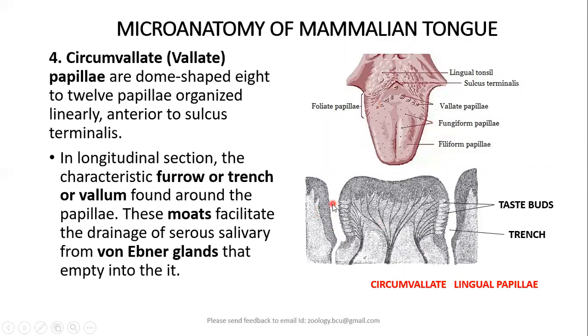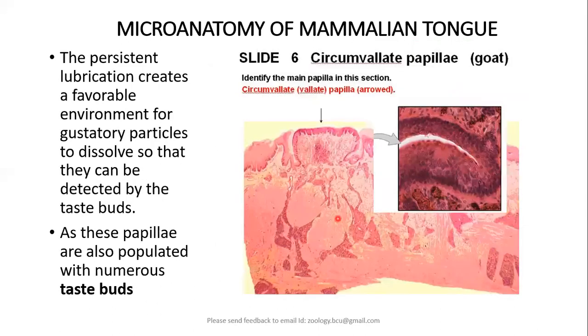So these moats or furrows or trenches facilitate draining the serous saliva from the salivary glands called von Ebner's glands, so that the saliva will always be there in these trenches to keep the tongue moist.